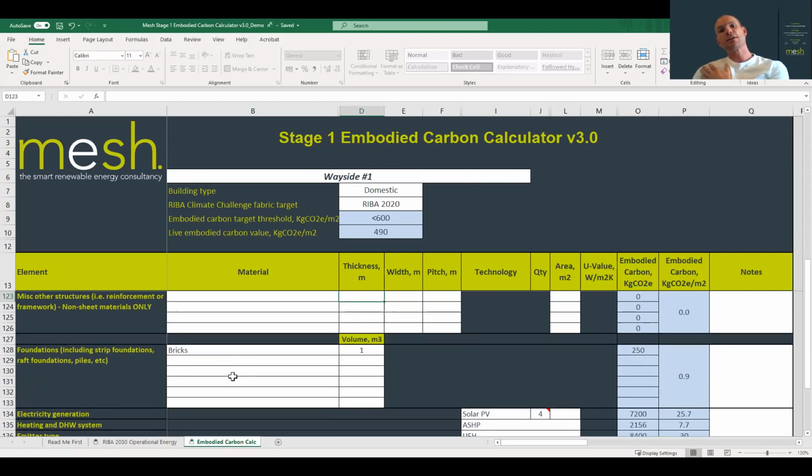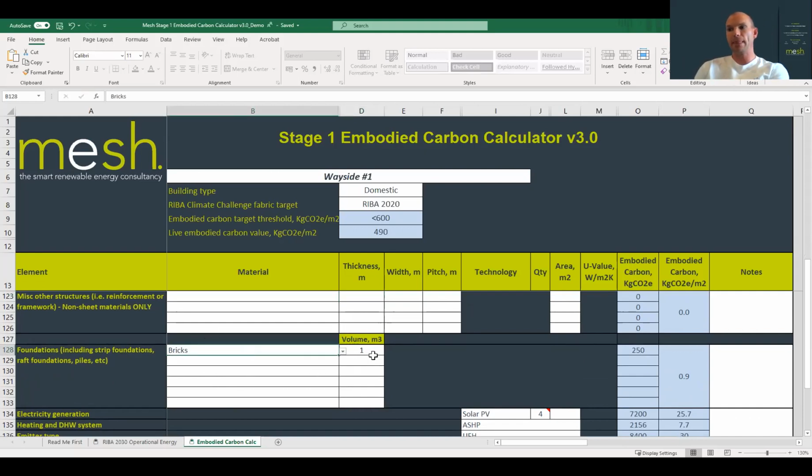When we come down to things like foundations, you might have poured concrete, so you'd be looking at cubic meters of concrete, or cubic meters of concrete blocks or something. Again, we've tried to keep this simple.